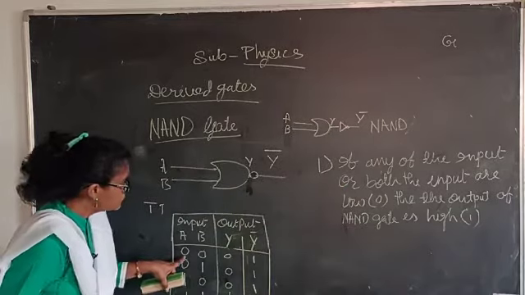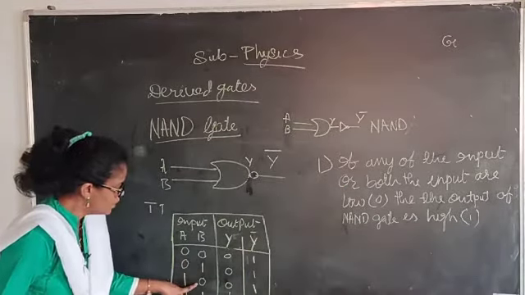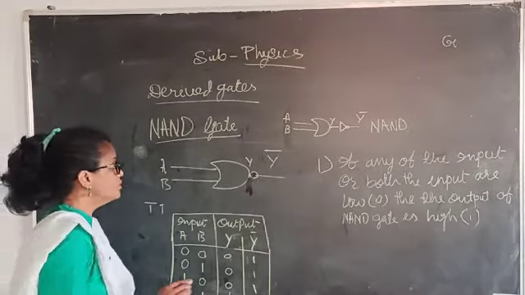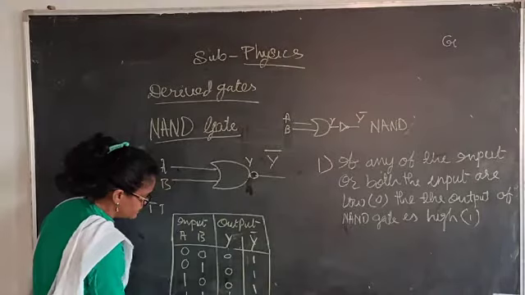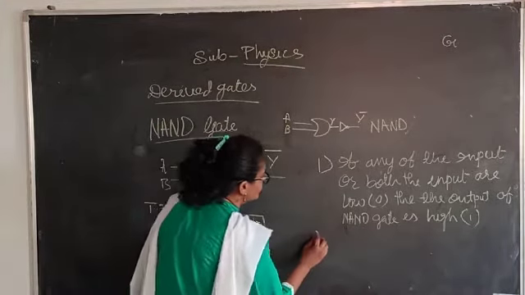Okay, if both the inputs are low or any of the inputs is low, then the output is high, and if both the inputs are high, that is 1, then the output will be low.